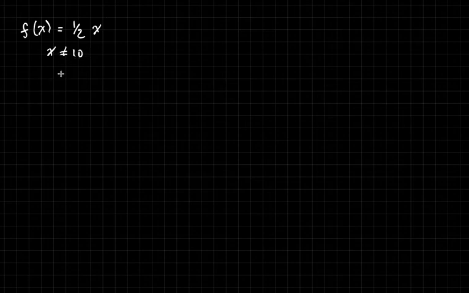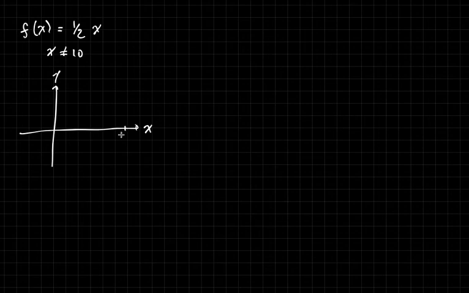And I wanted to graph this. So it would end up looking something like this, right? A straight line. But at this point right here, at this coordinate 10, 5, you actually can't draw a dot here. Why? Because the function is undefined at that point.